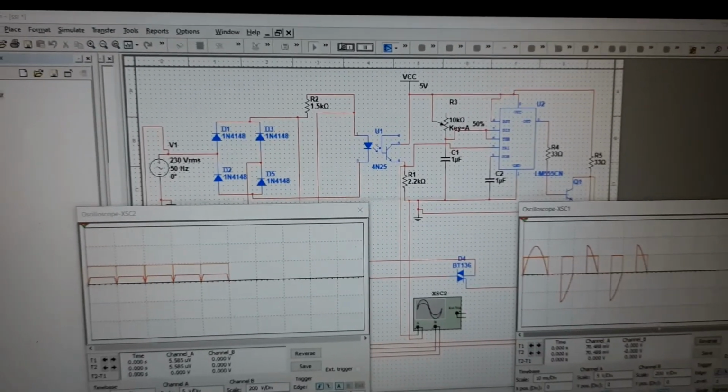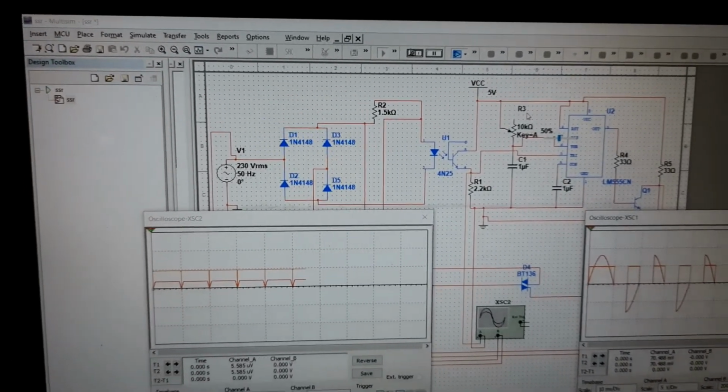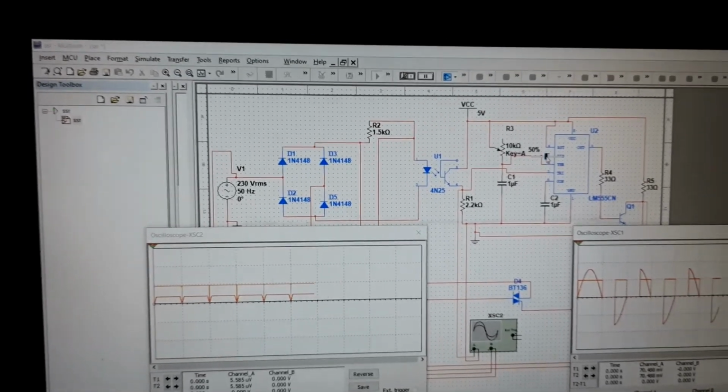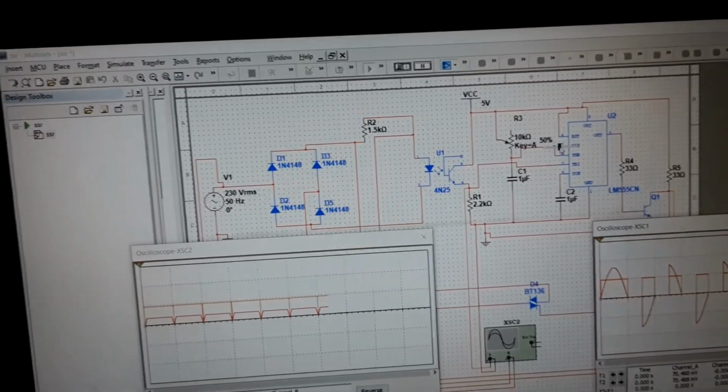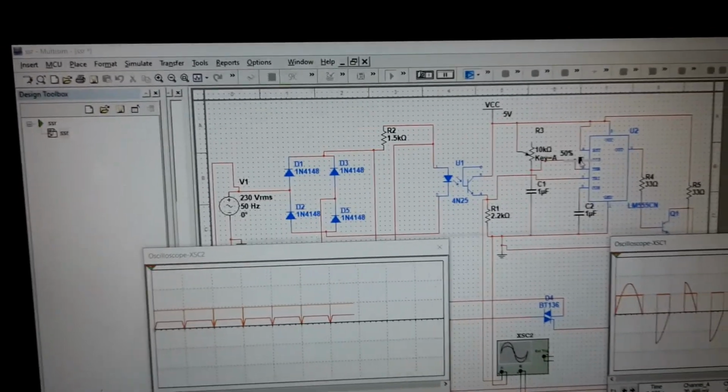So by doing that, we can achieve control by this potentiometer. See, I will change the value of the potentiometer and the output will change.